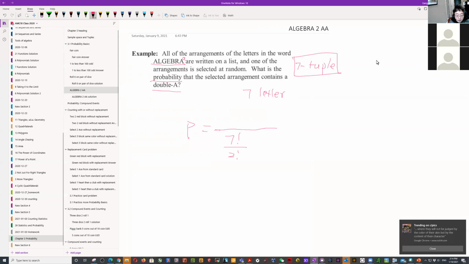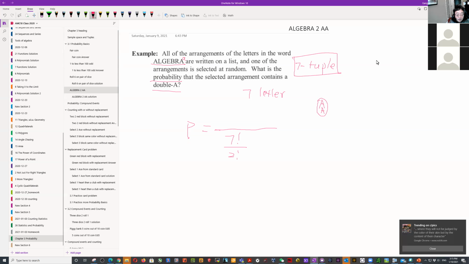And then what we are doing is: what is the probability that the selected arrangement contains a double A? So for the double A, you just treat it as a single letter.